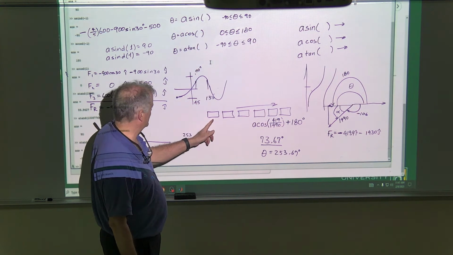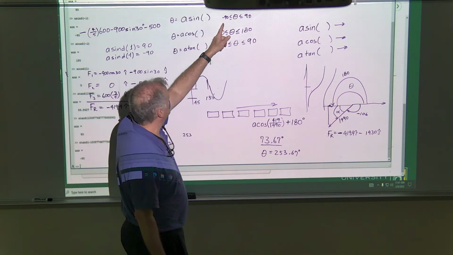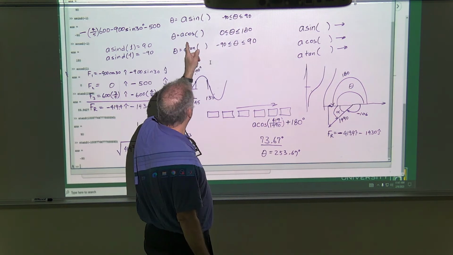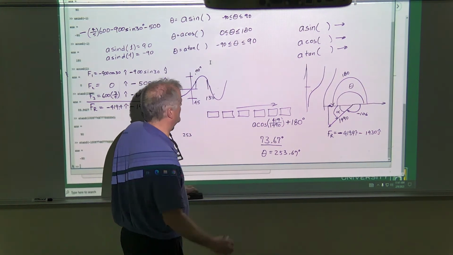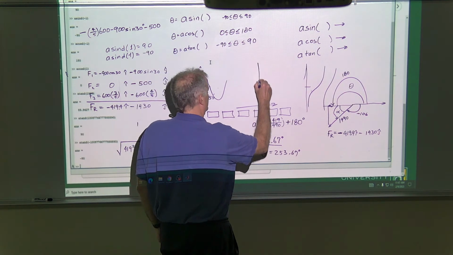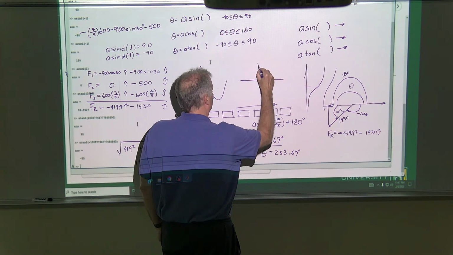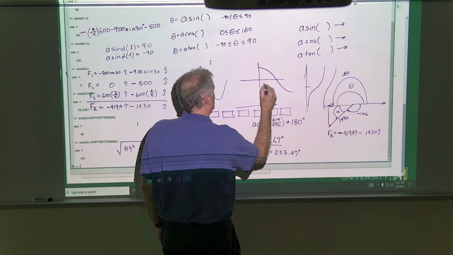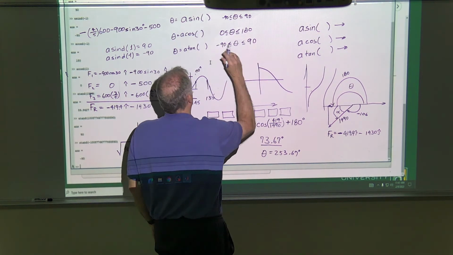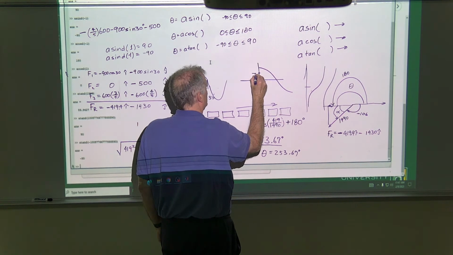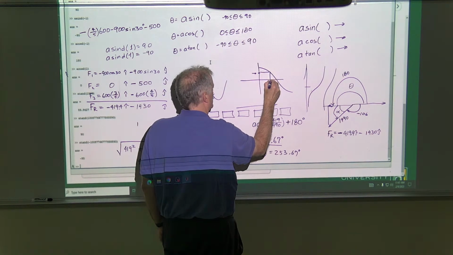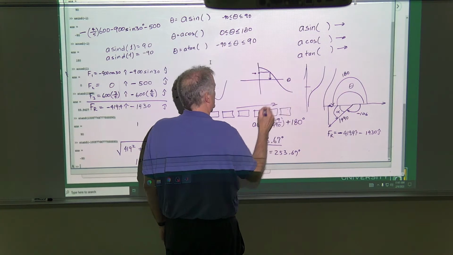But mathematically, it's going to bind itself between here and here. Cosine is going to bind itself between here and here. The obvious reason why is this. If you look at cosine, for example, what you are actually doing is saying I want to pick this number and I want you to get back to theta.